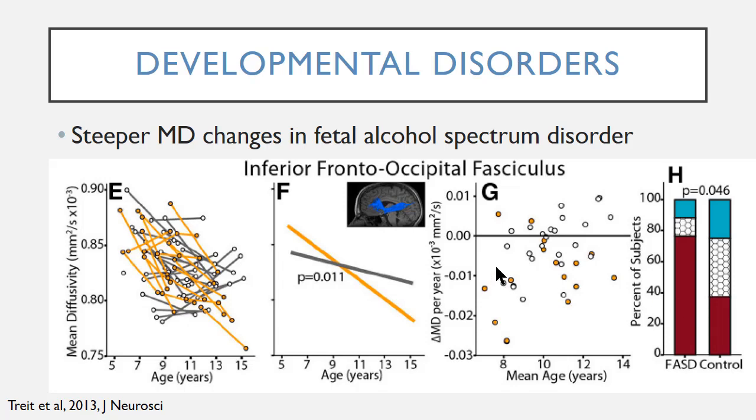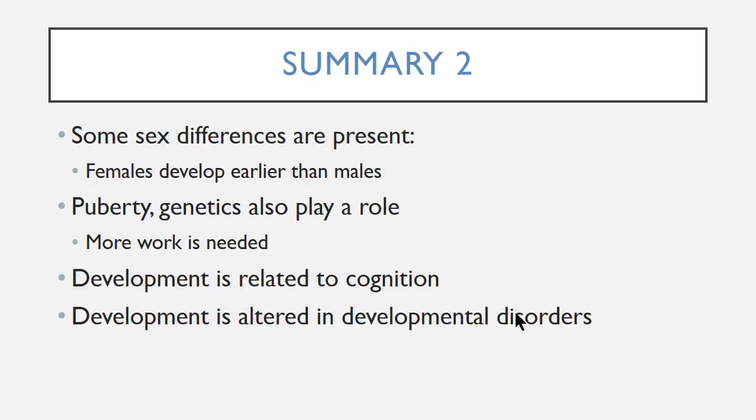Can also look at development in disorders, for example, fetal alcohol spectrum disorder. And in this study, the orange ones are the exposed kids, and the gray ones are the non-alcohol exposed kids. So different rates of development of mean diffusivity, a steeper slope in the kids with alcohol exposure than the kids without. So disorders and other environmental factors like alcohol exposure can also contribute to the development rates.